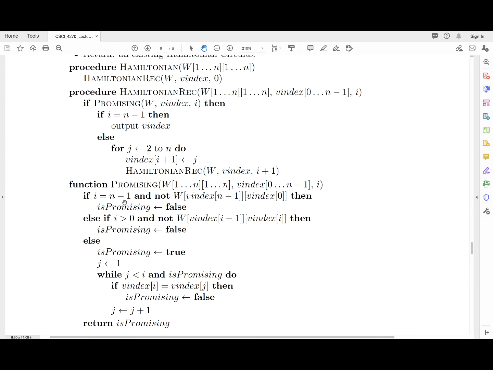Otherwise, if i is not equal to n minus 1, it means that somehow we are in the middle of our path to the destination, which is also the start node.